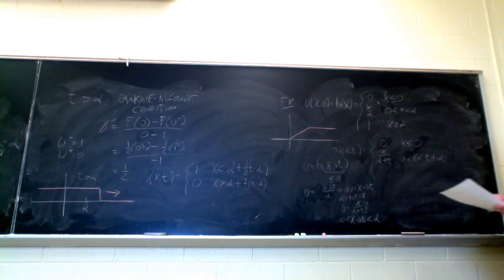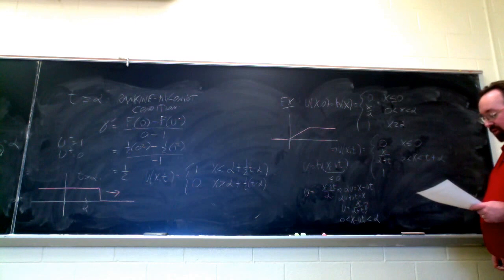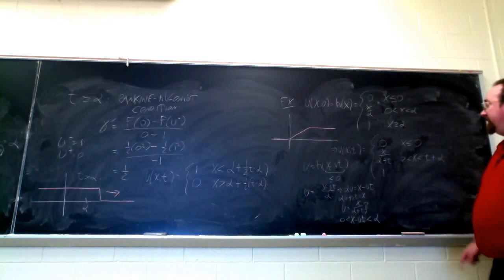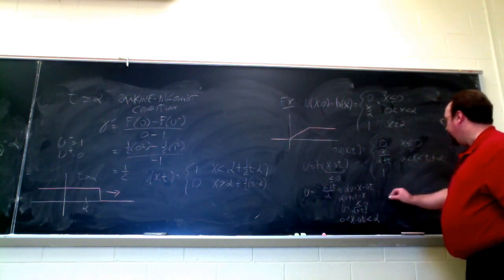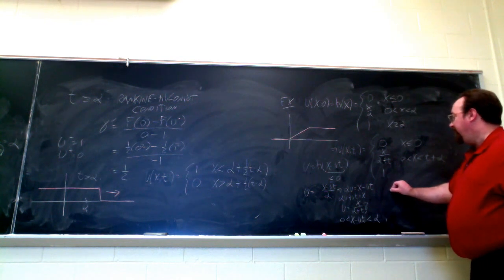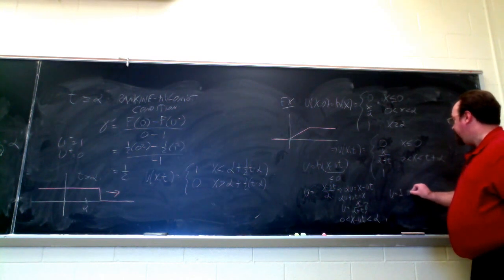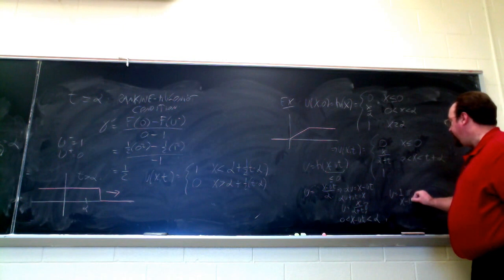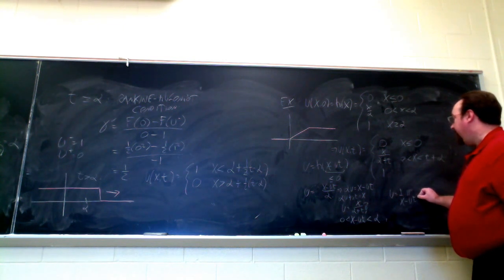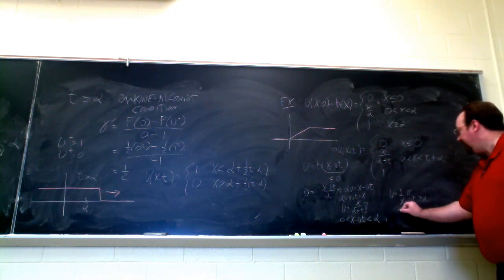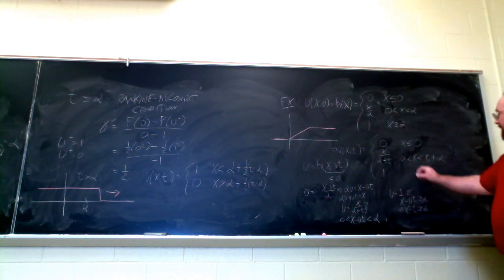And then finally, it moves up to 1 when, okay, so third situation, we get u is equal to 1 if x minus ut is greater than or equal to alpha. But u is equal to 1. So x minus t is greater than or equal to alpha. So x is greater than or equal to alpha plus t.